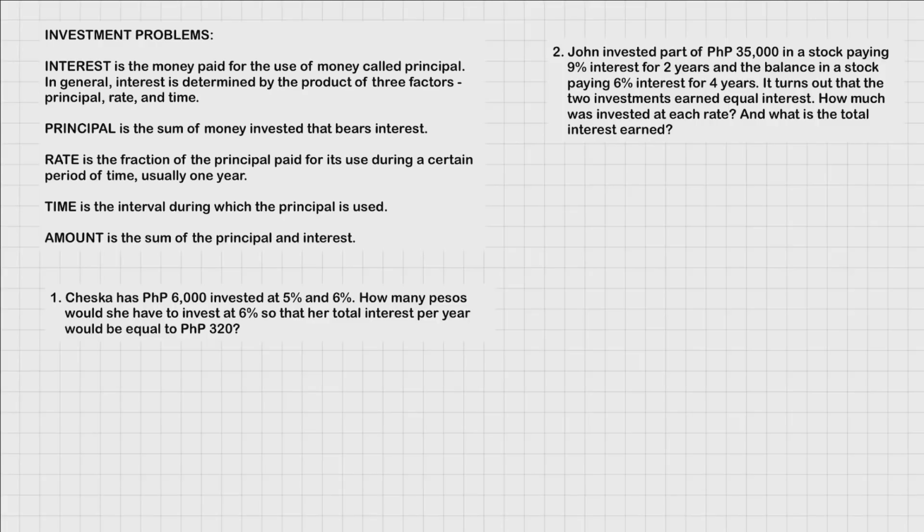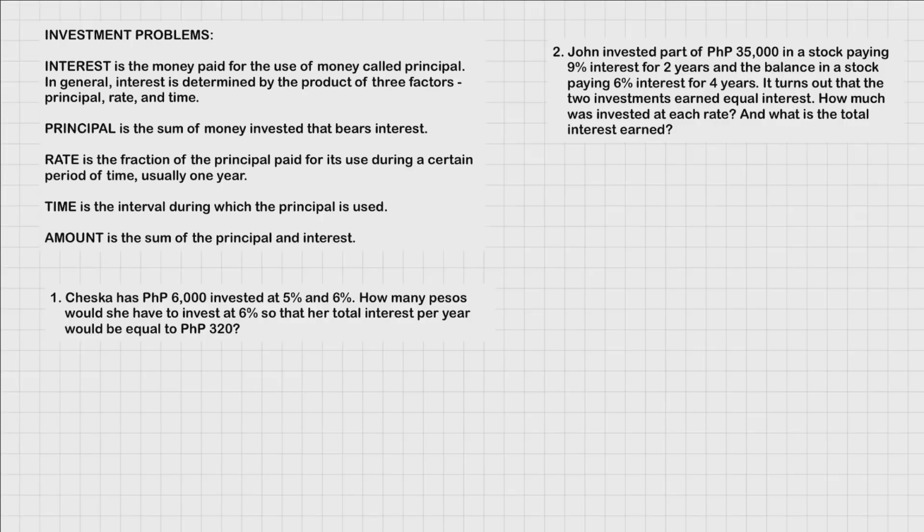In general, interest is determined by the product of 3 factors: the principal, the rate, and the time. So the principal is the sum of money invested that bears interest, and the rate is the fraction of the principal paid for its use during a certain period of time, usually 1 year. Time is the interval during which the principal is used, and amount is the sum of the principal and interest.